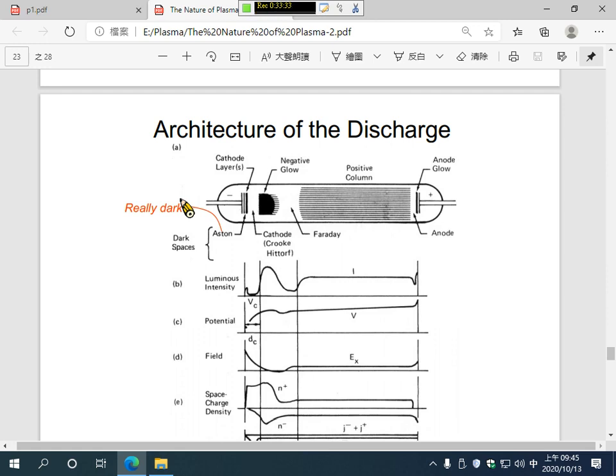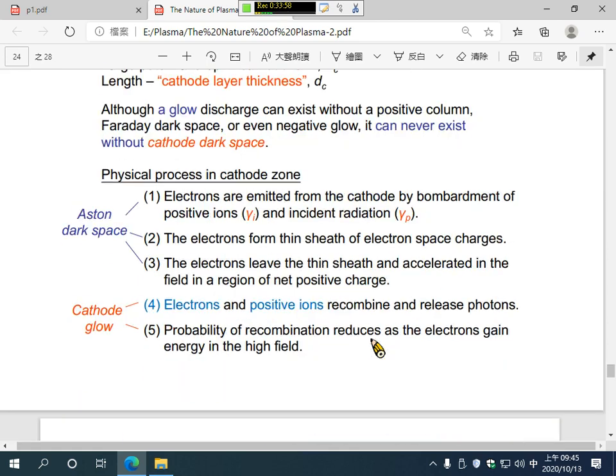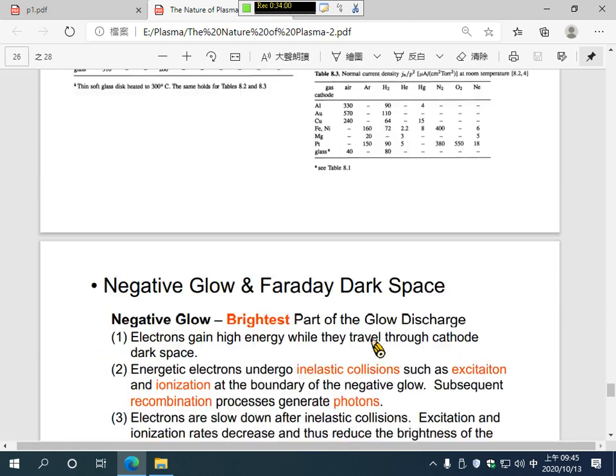So especially when you operate a system at low pressure, the cathode layer thickness might be a few tenths of centimeter, and then this part will disappear. The positive column will disappear. But the plasma can exist, and you can still get a stable plasma.